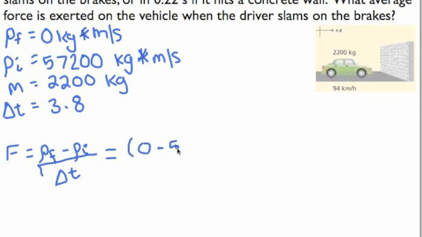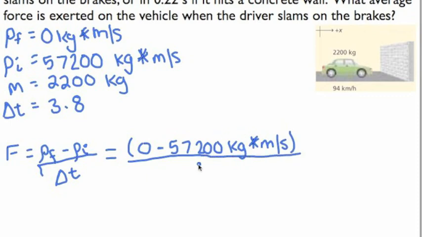And you can see as your t gets smaller, your force is going to get bigger and bigger, which is why the more time it takes for you to slow down, the slower you're going when you hit the wall or wherever you're going, and so you're less likely to get hurt.